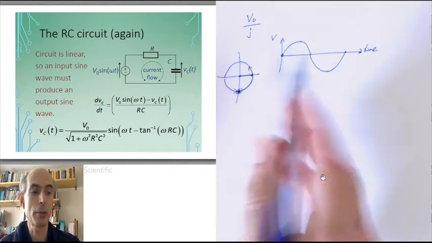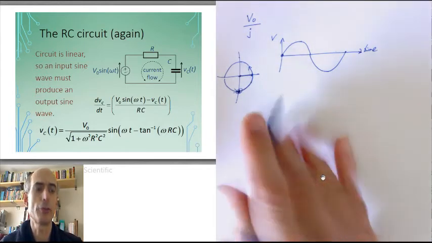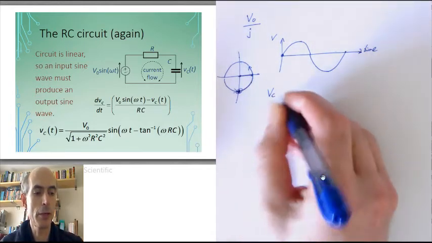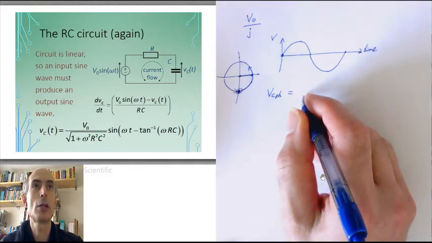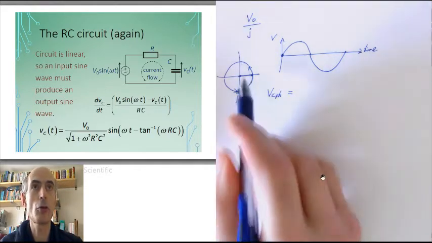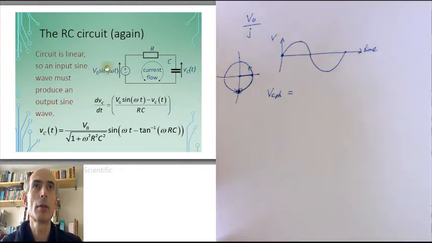We can then just apply the potential divider equation. The voltage across the capacitor as a phasor is equal to the voltage at the top of the potential divider here as a phasor.